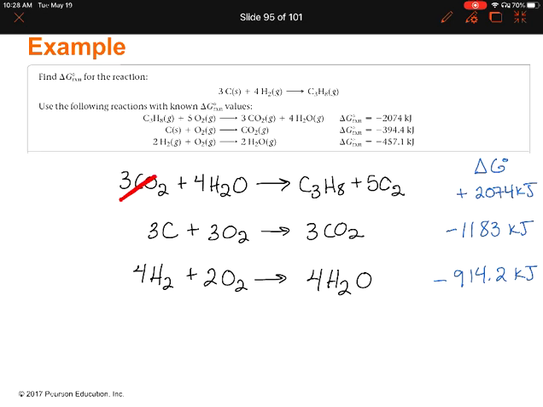So those will cancel. And then I do also see 4 H2O on the left and on the right, so those will also cancel. I also see that we have 5 O2 on the left and 5 O2 on the right, so those will cancel. And everything that's left over is what we want.